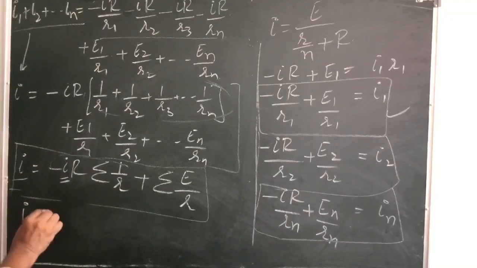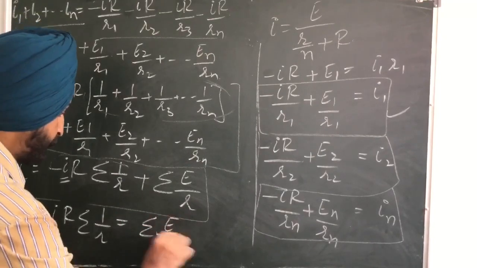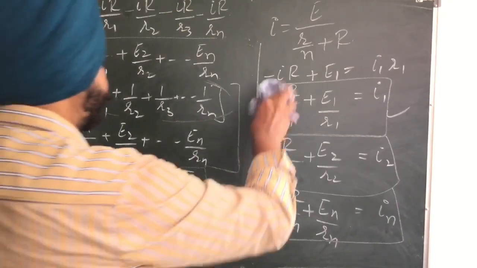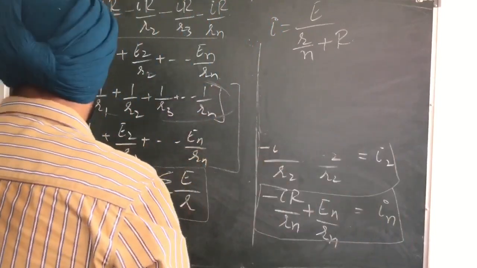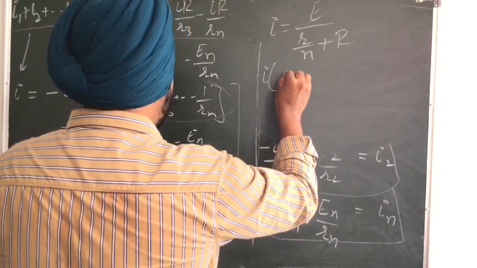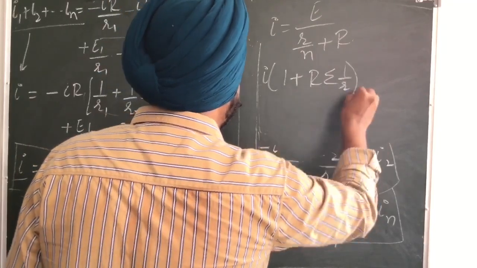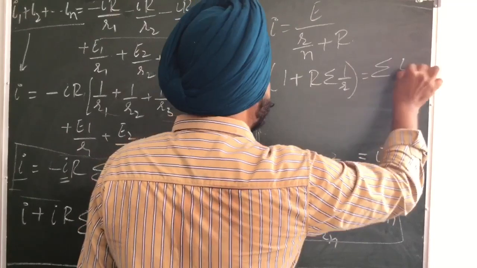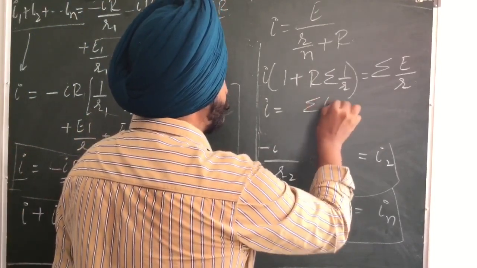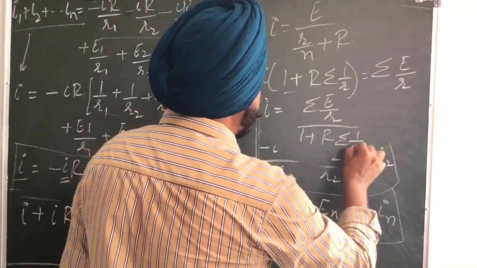So what I will get, I plus IR summation of 1 by R is equal to summation of E by R. So from here what I am going to get is, I will keep I common from these two terms and I will be left with 1 plus R summation 1 by R is equal to summation E by R. So from here our value of current would come equal to summation of E by R over this entire value 1 plus R summation of 1 by R.